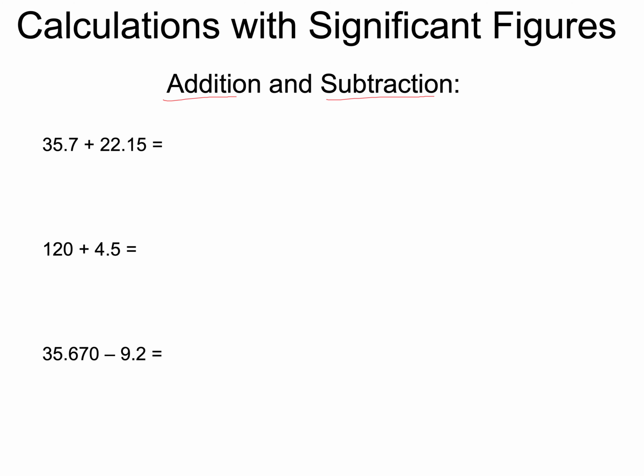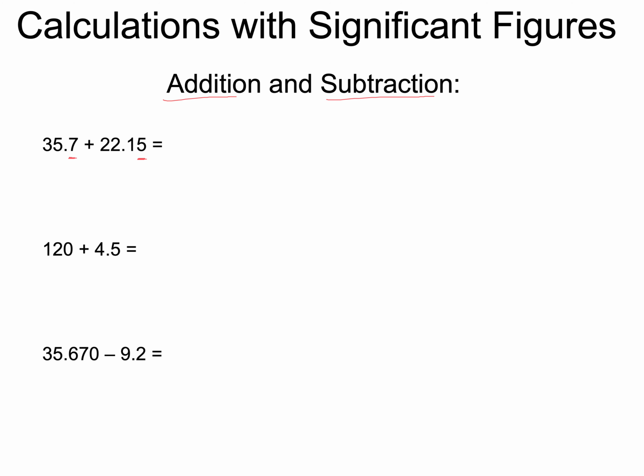So for instance, in 35.7, the last significant digit in this number is in the tenths place. So that's important, keep that in mind. In the 22.15, the last significant digit in this number is in the hundredths place. The place that is furthest to the left in placeholder is the farthest that we can report an answer to.